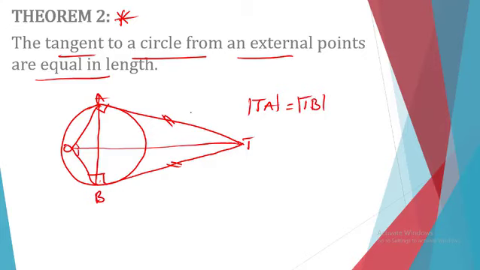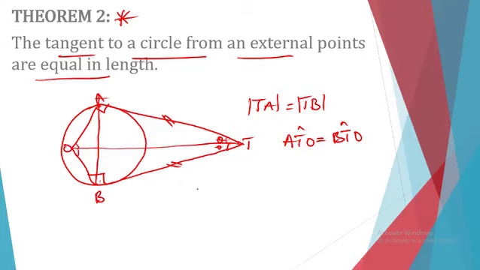Then also angle ATO, let's take it to be theta, is equal to angle BTO. So these two angles are equal.